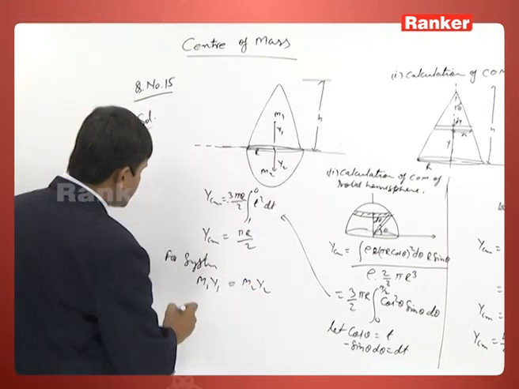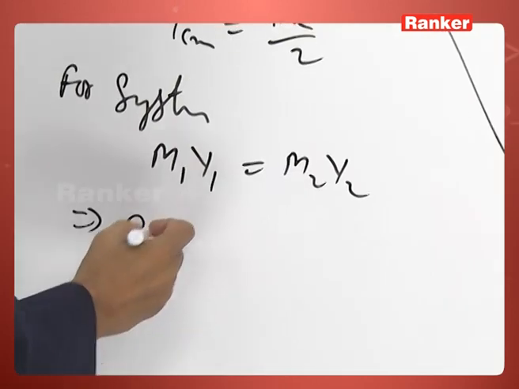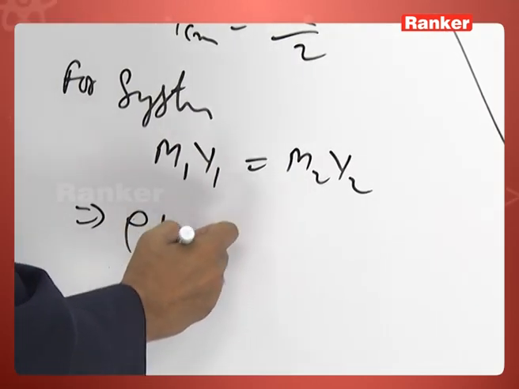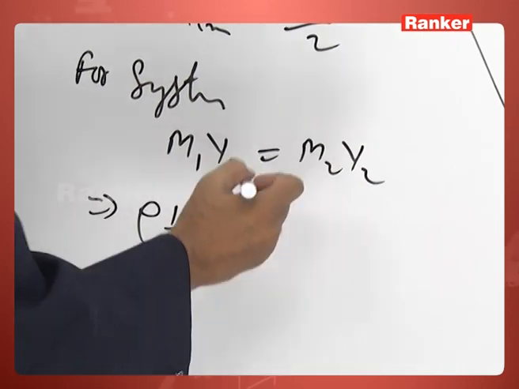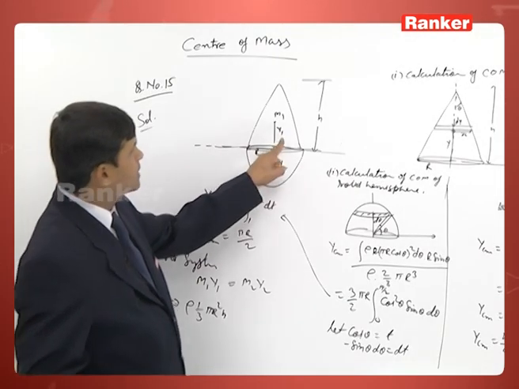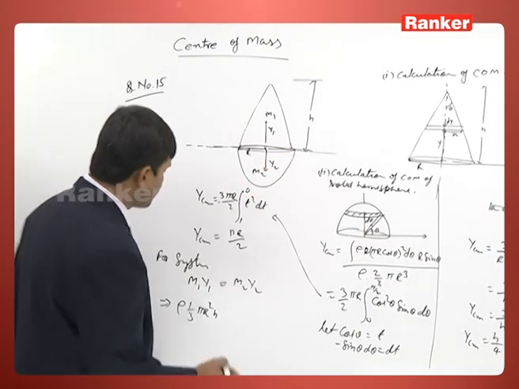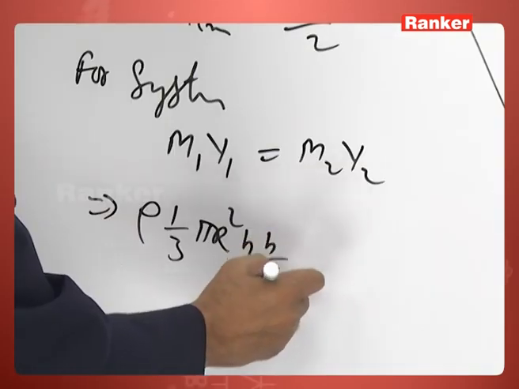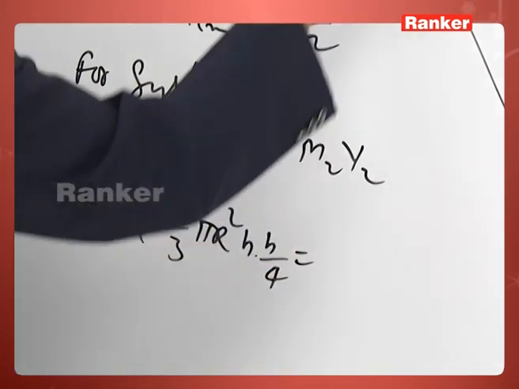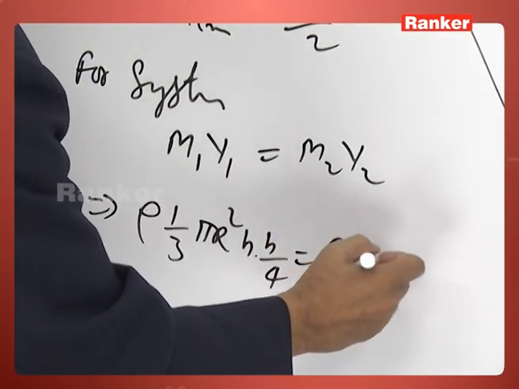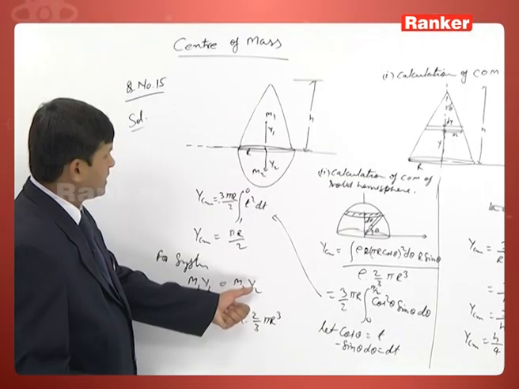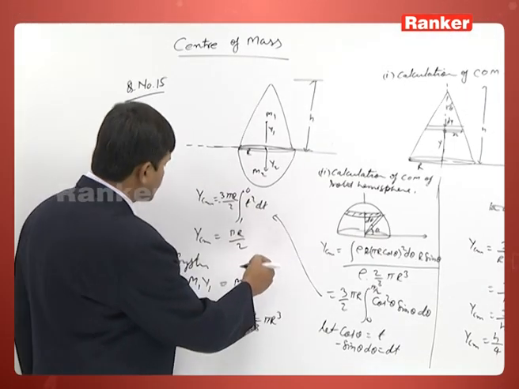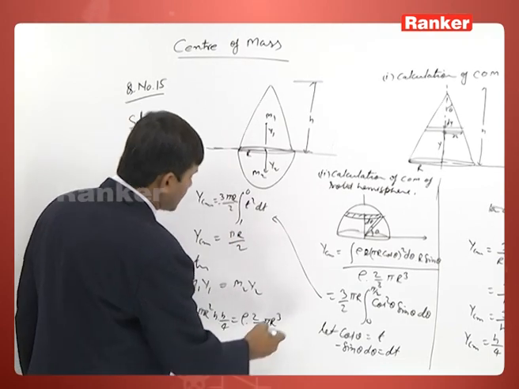Now the mass of this is rho 1 by 3 pi r square into h, and y1, the center of mass of that, is your height h by 4, equal to m2, the mass of this, rho 2 by 3 pi r cube, into y2, where y2 is your pi r by 2.